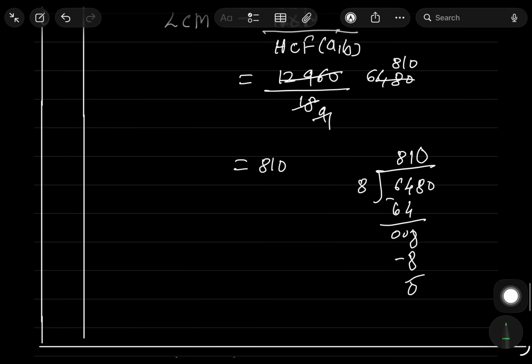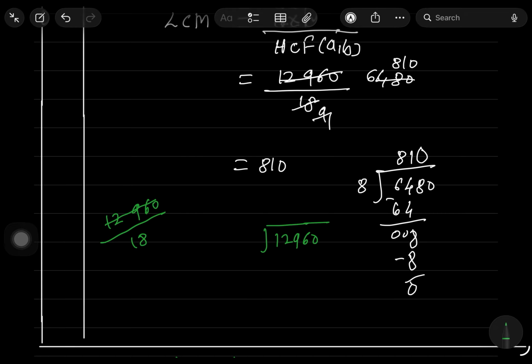Roughly also you can see, 12,960 divided by 18. Both numbers can be divided by 2, because a very big number is there. You can solve like this, otherwise orally also, divide by 2. So 2 sixes are 12. Then 9, 2 fours are 8, then 1, then 6, 2 eights are 16.